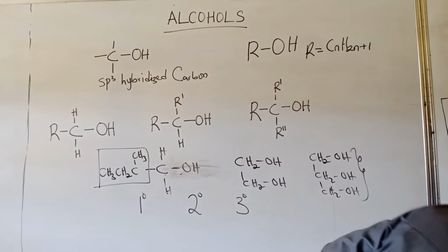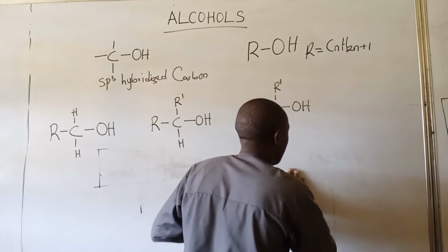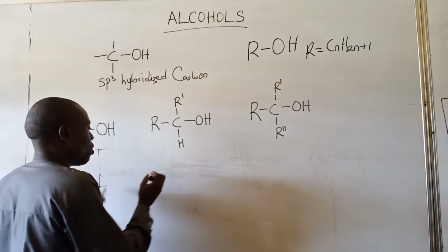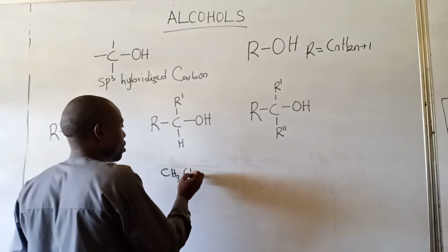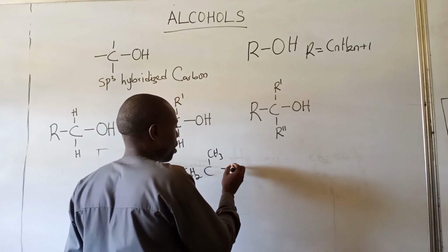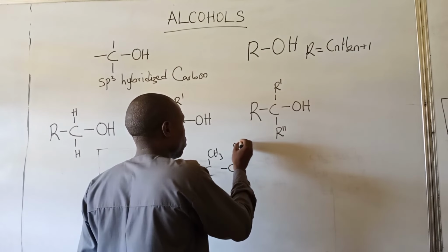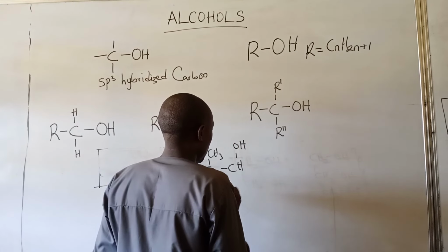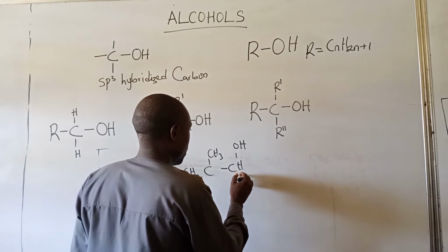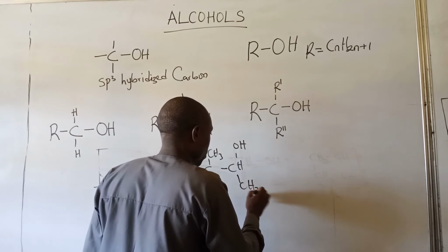So okay, let me wipe the board and do other examples. For example, I'm having something of this nature: CH3, CH2, CH3, then C, H, then OH.